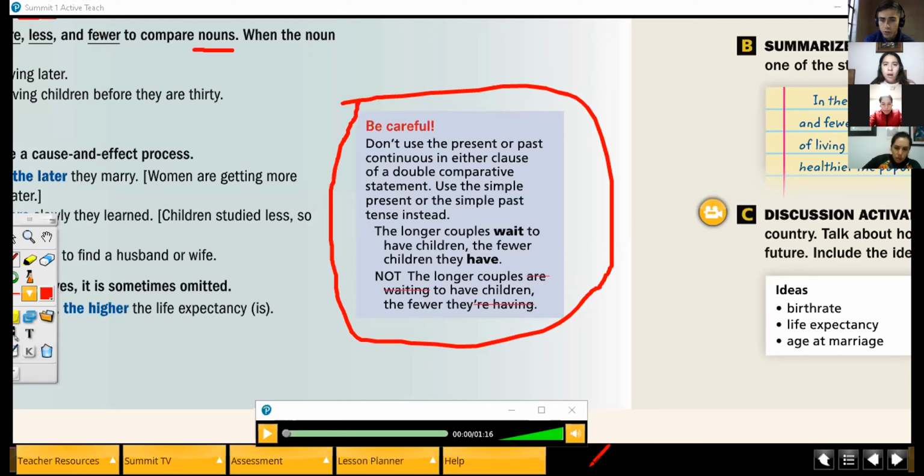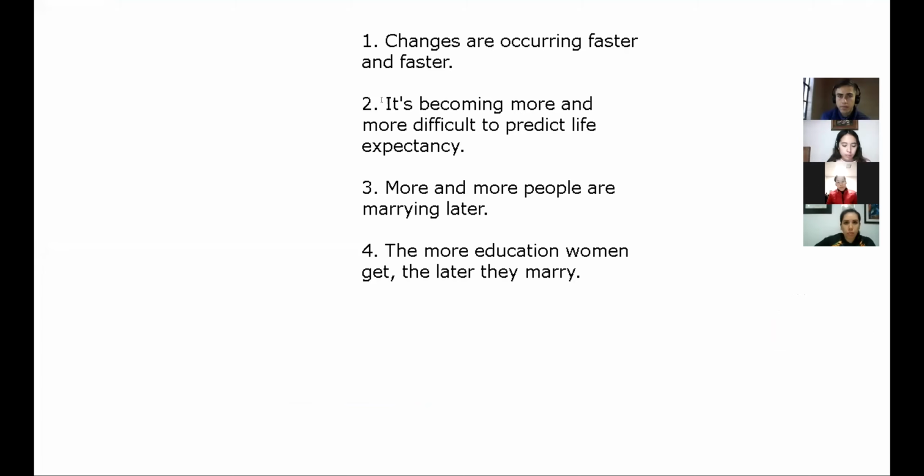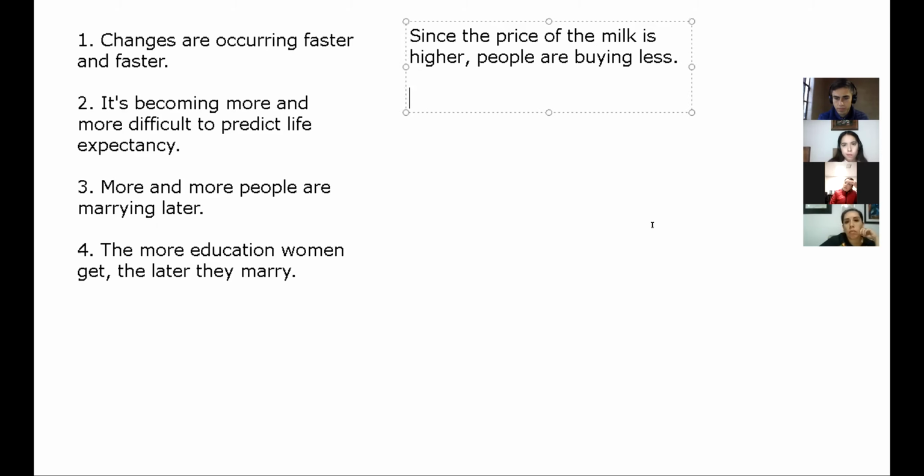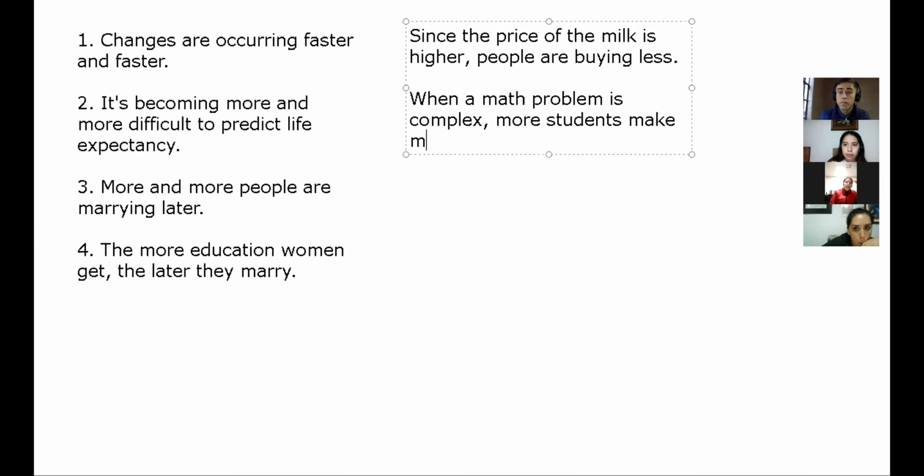I'm going to write some examples on the board. Teacher, this is like the typical phrase in Spanish that says, "entre más tienes, más quieres."